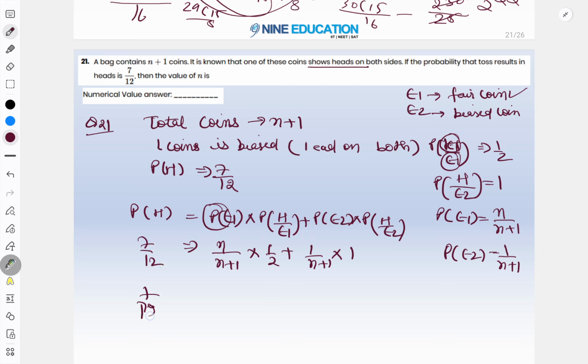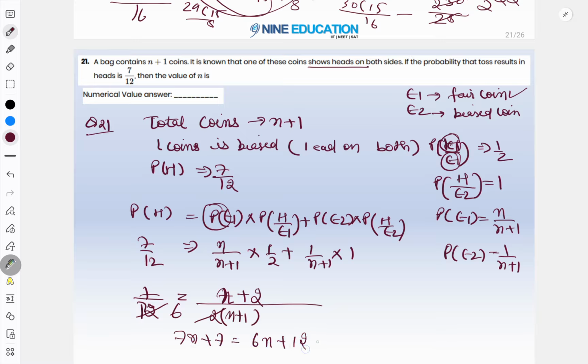So 7 by 12 is basically, taking n plus 1 common, (n plus 2) by 2(n plus 1). So if we cross multiply, this will be 7n plus 7 equals 6n plus 12, which makes n equal to 5. Hence the answer of n will be 5.